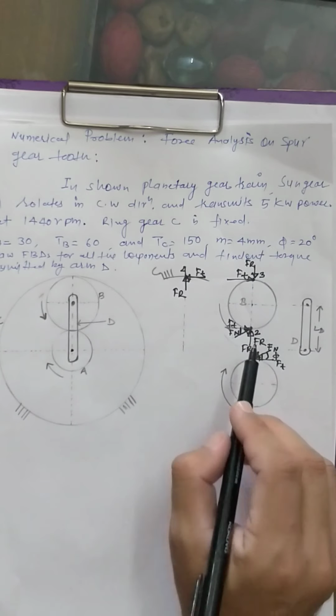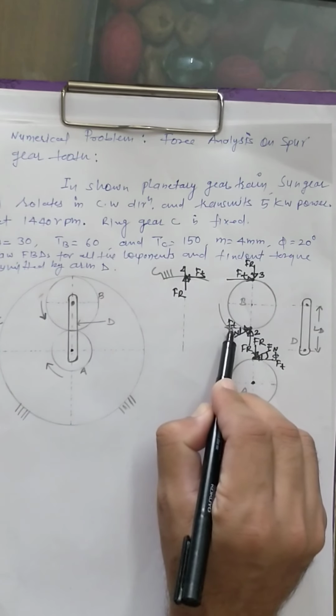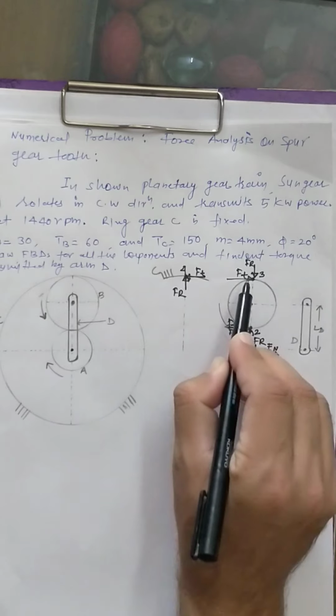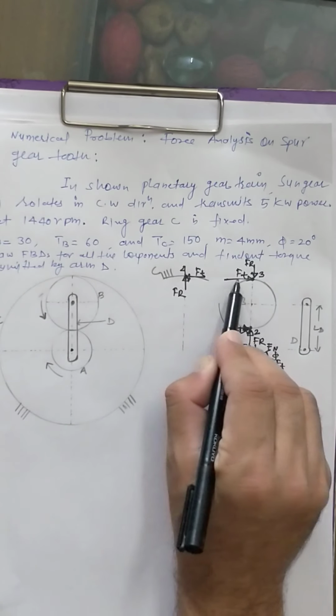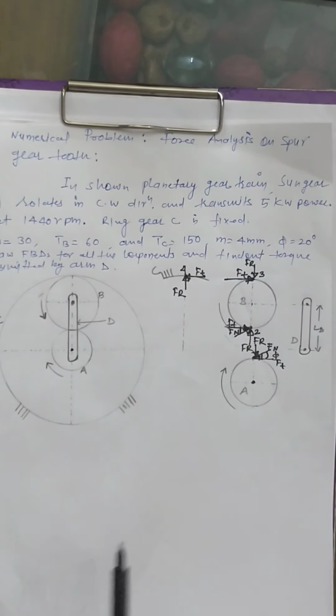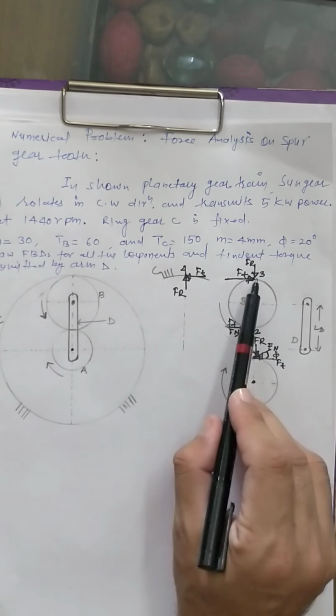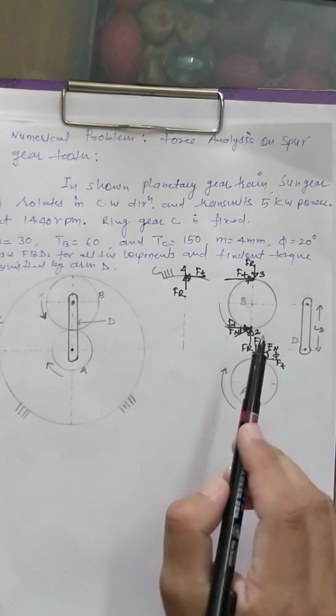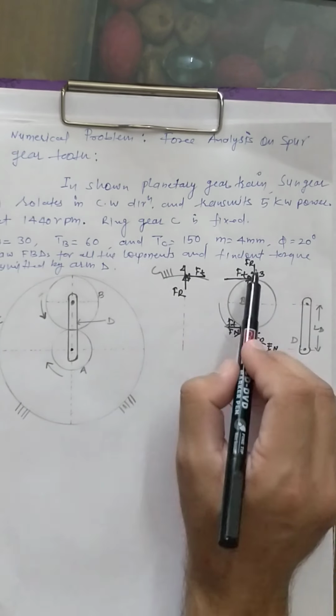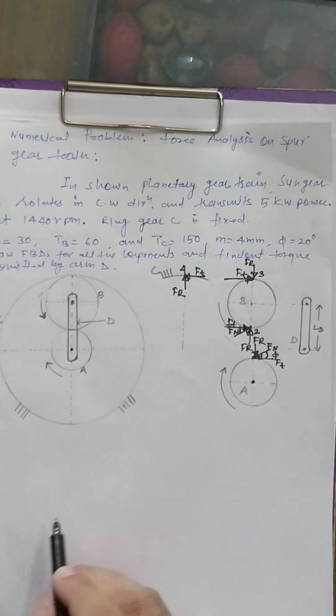Now just concentrate on the gear B. On the gear B, there is one force Ft in this direction, there is one force at point number 3, Ft in this direction, and at point number 2 there would be an upward force Fr, and at point number 3 there would be a radial force Fr in the downward direction.